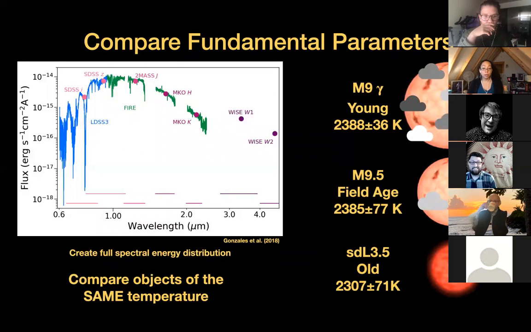And if I use that with an estimated age and a radius from evolutionary models, I get a semi-empirical effective temperature. So here we have 3 objects of similar temperature, but you can see there are 3 different spectral types. And if they're similar temperature, because atmospheric chemistry is driving what's going on, we would expect them to have similar shapes for their SEDs.